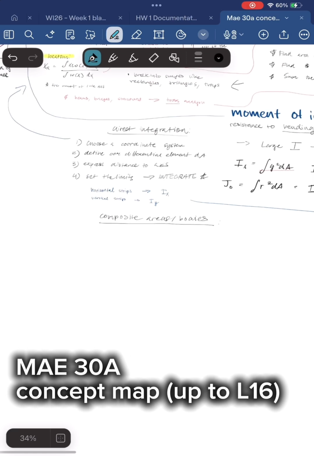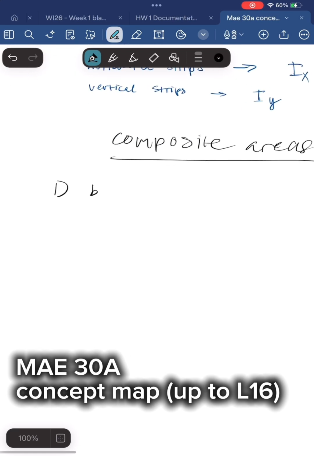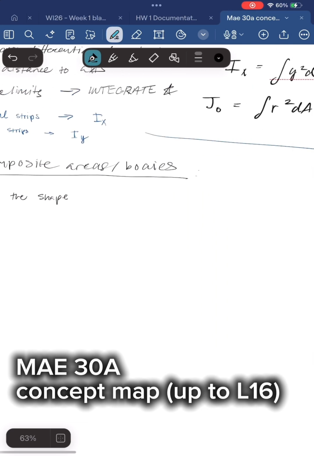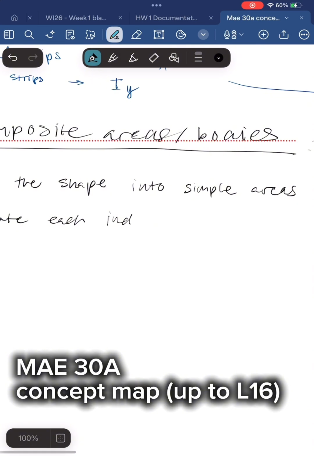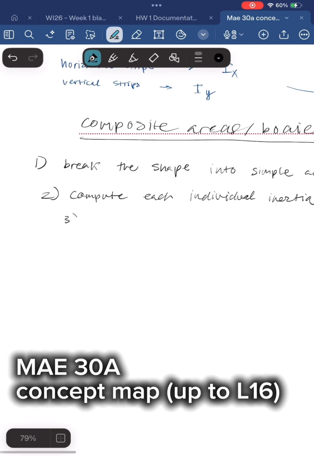In this case, we will break the shape into simple areas, compute each individual inertia, and sum the contributions.